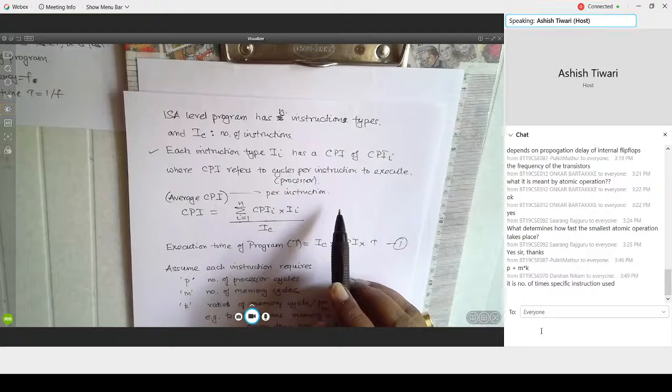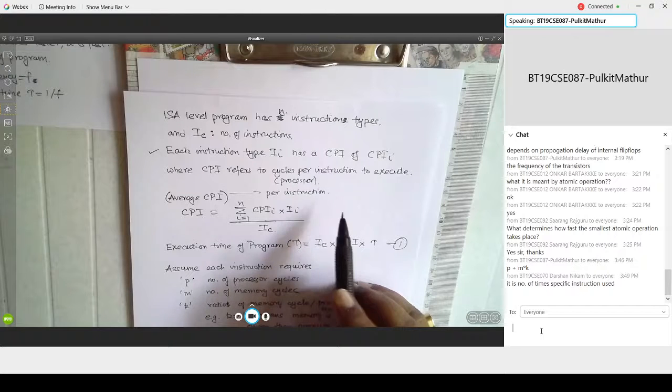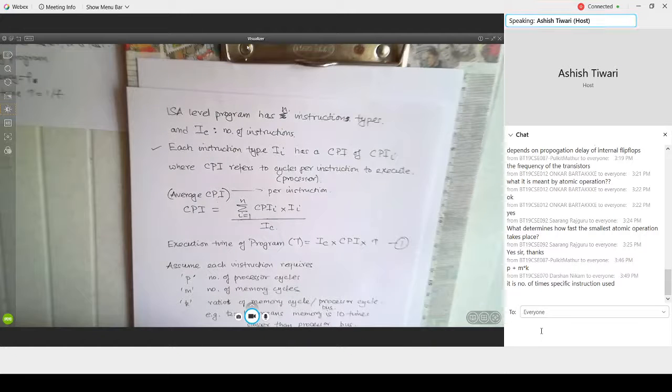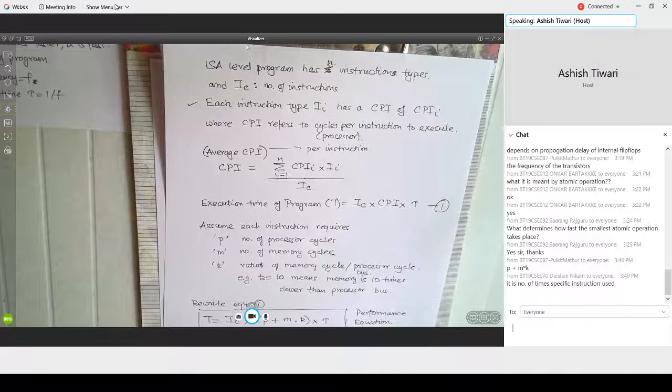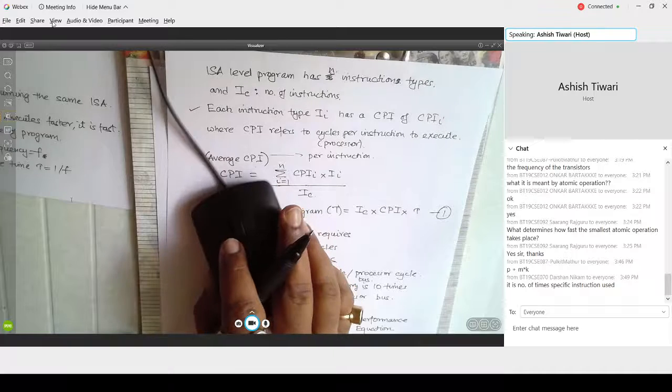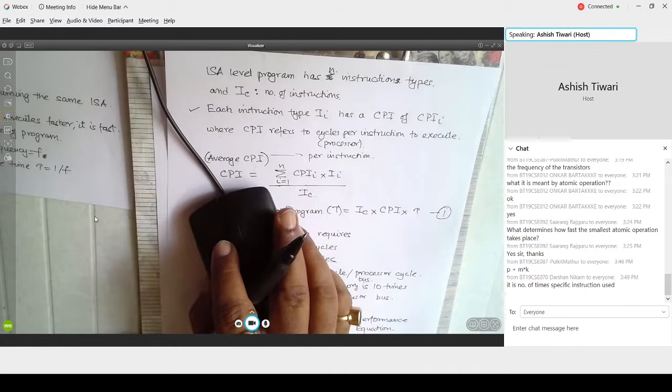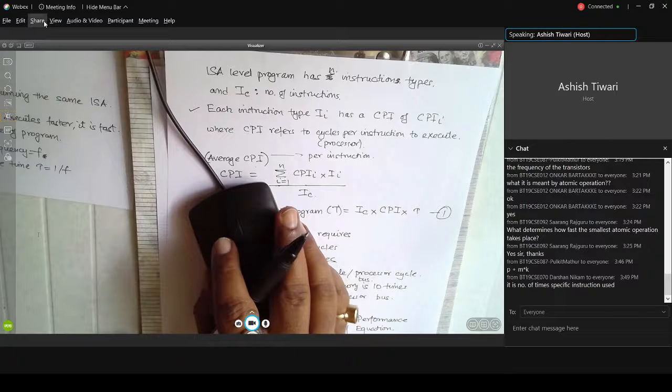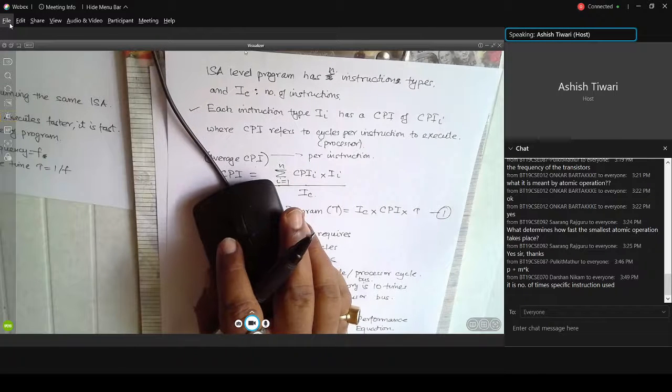Maybe in the next class I will take an example to calculate how that happens. Darshan says it is the number of times a specific instruction is used. Yes, it is the count of the number of instructions of type i.